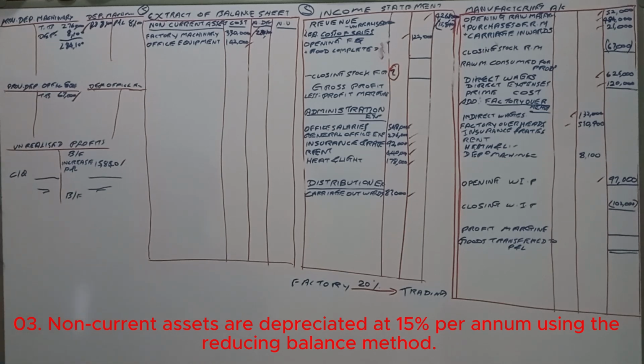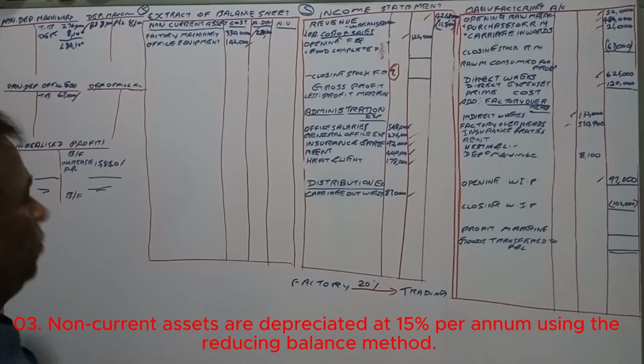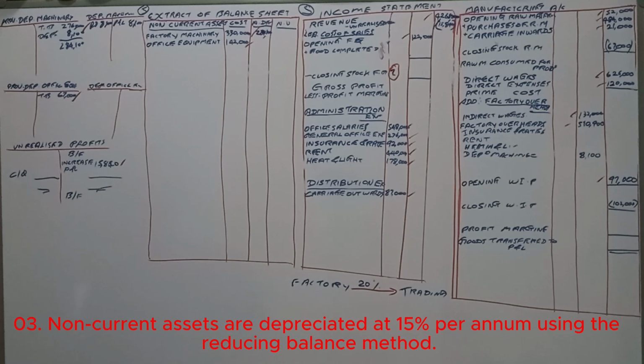And thereafter, provision for depreciation for the office equipment. How much is the balance? 142,000 is the balance, right? Out of that, you have to deduct 67,000. So if you deduct that, the balance should be 75,000.